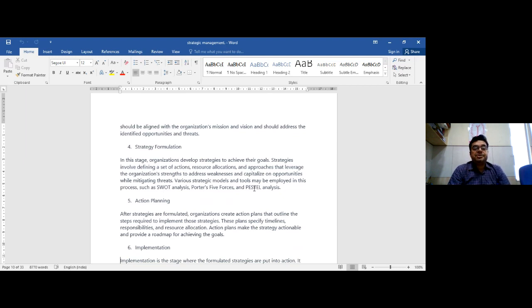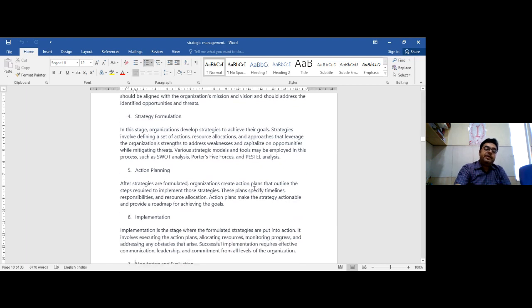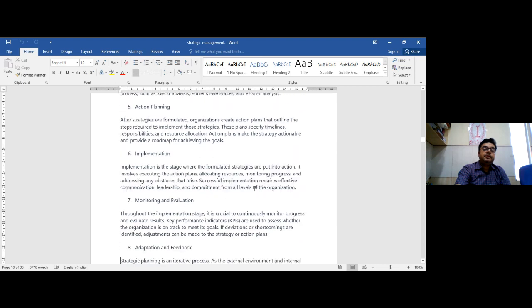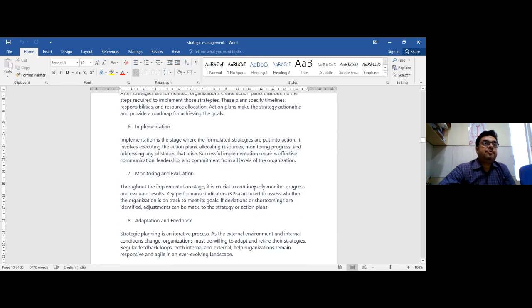Once the action plans are formulated, the next step is their implementation. And implementation would refer to the stage where formulated strategies are ultimately put into concrete actions. They may include execution of the action plans.